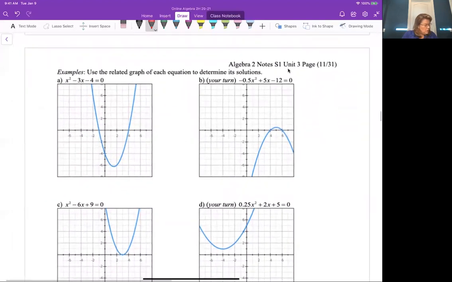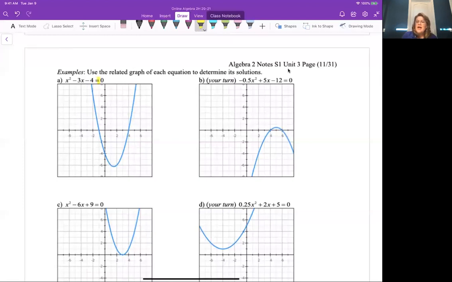So here we go. We're going to do some examples. The instructions say use the related graph of each equation to determine its solutions. So I have in A, the quadratic equation, which is x squared minus 3x minus 4 is equal to 0. I have been asked to find the solution. So I have an equation. How do I know that? Because I have an equal sign.